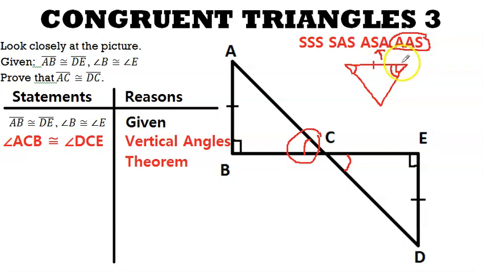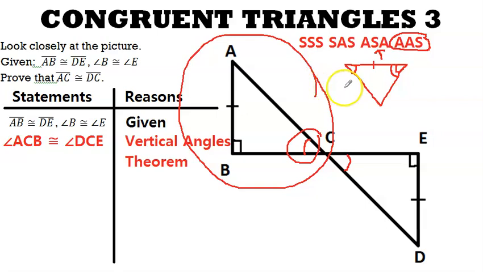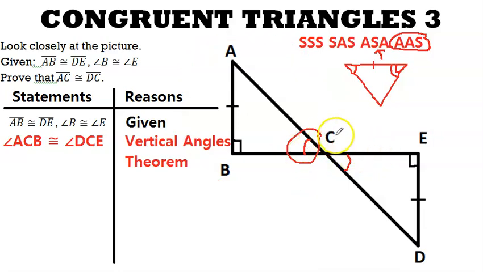That is not what we have here. In this particular example, the side that is given to us is not included. It is not in between the 2 angles. Therefore, instead of using ASA, angle-side-angle, we are going to use angle-angle-side.